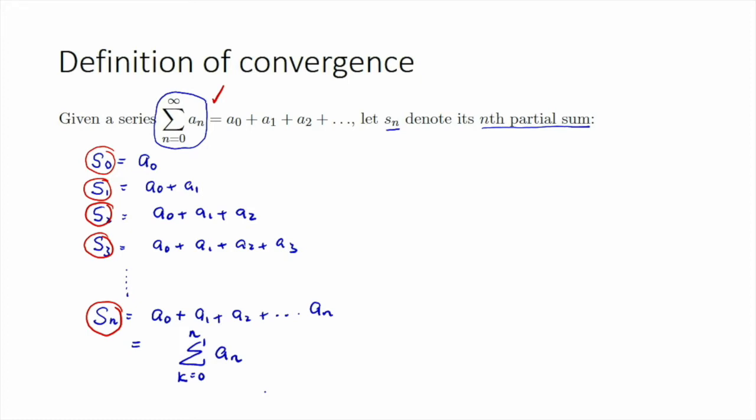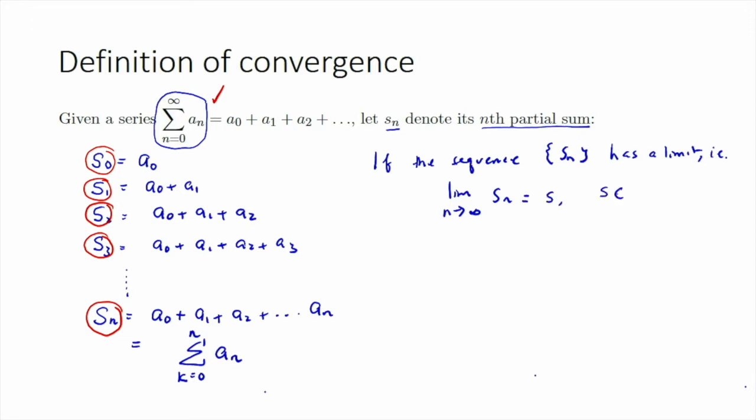So let's put this in words. If the sequence of partial sums, Sn, has a limit, that is, if the limit as n approaches infinity of Sn is equal to S, where S is some real number, then we say the series, this infinite series going from n equals 0 to infinity of an, converges.